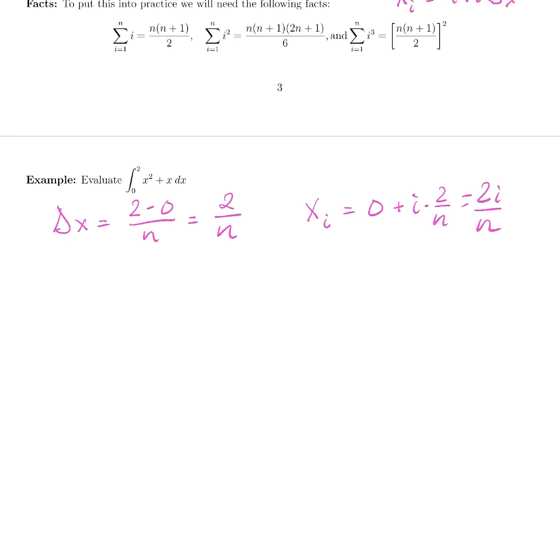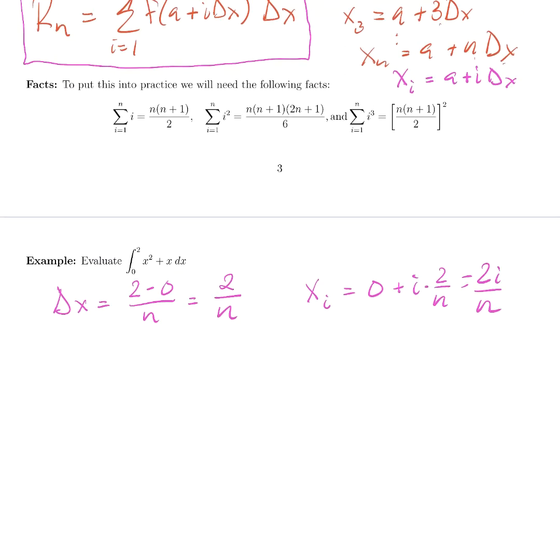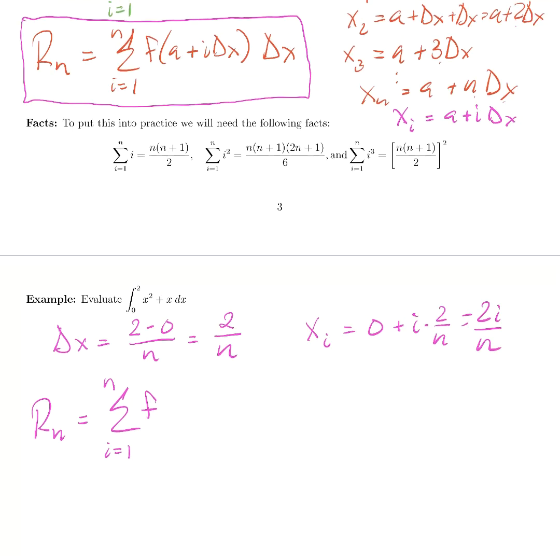All right, so then, let's see, we saw Rn. It is the sum from i equals 1 to n of f of xi, which is a plus i delta x.